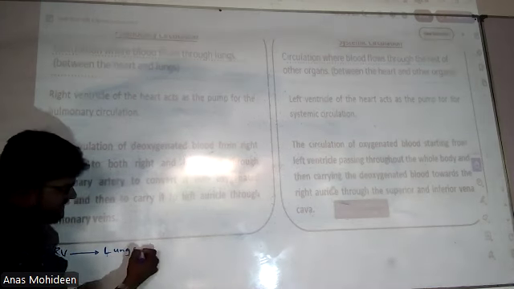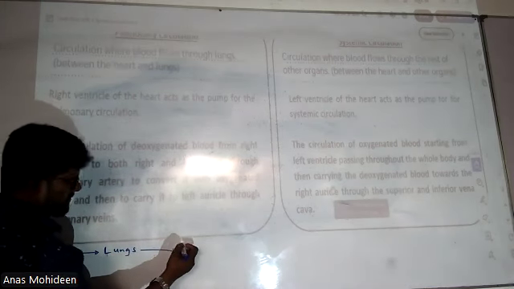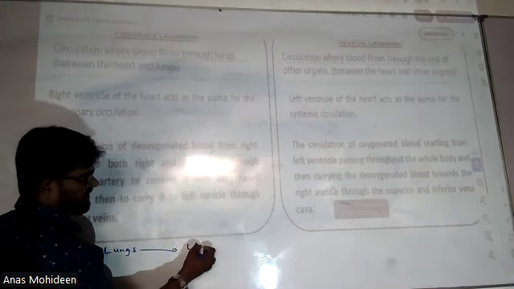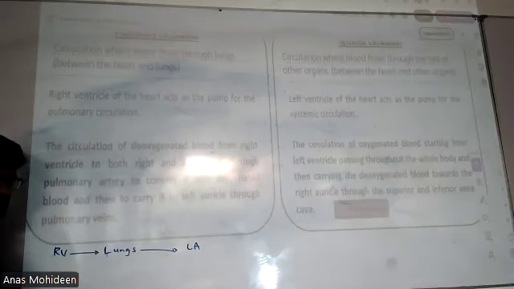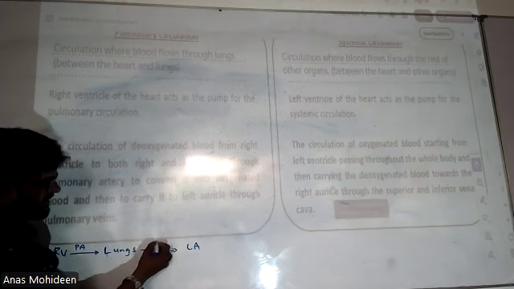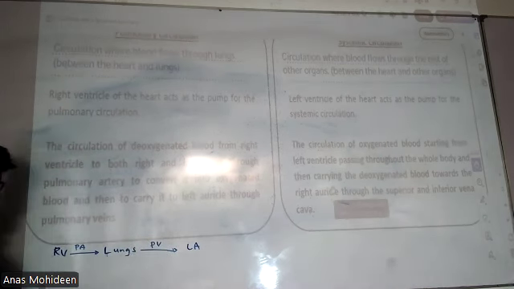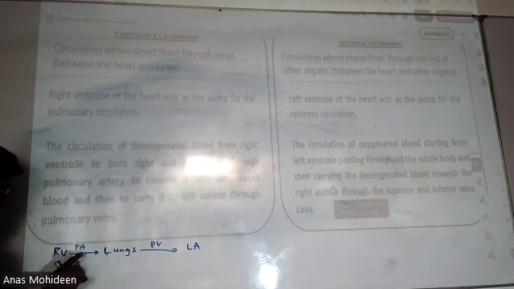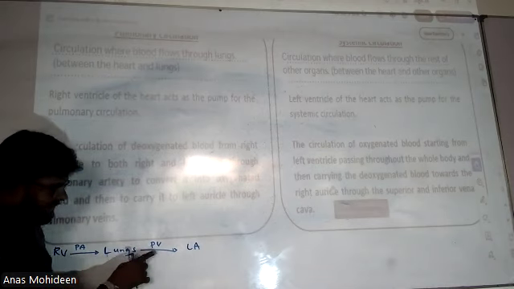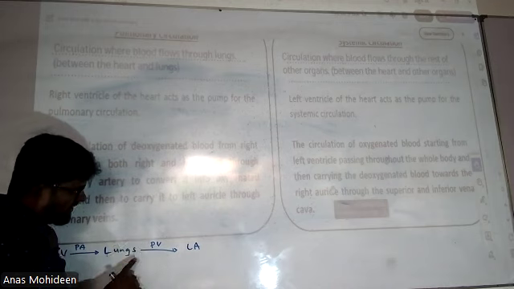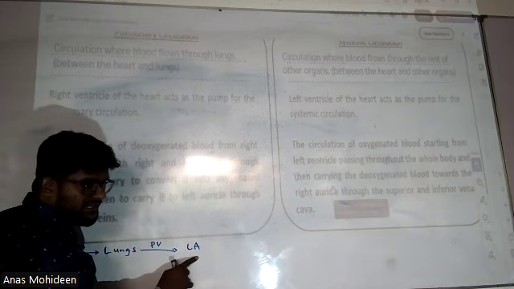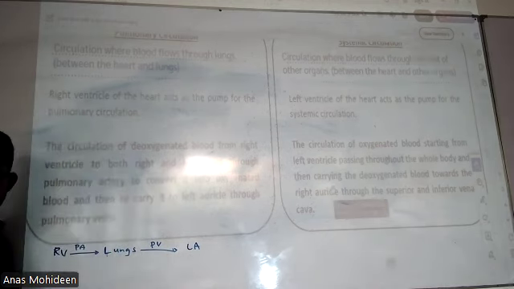And it is sent again to the left atrium. Pulmonary artery takes blood from the right ventricle toward the lungs. Pulmonary vein takes oxygenated blood from the lungs back to the left atrium. This is called pulmonary circulation.